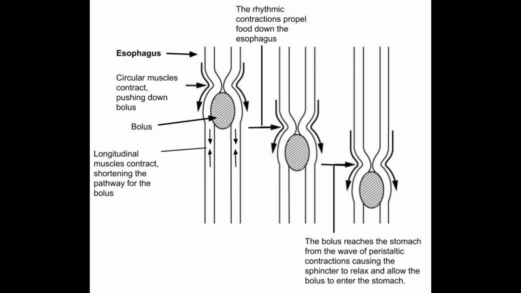It propels the food forwards. The layer of circular muscle just behind the food bolus will contract, and that in front of it will relax. And then the longitudinal muscles behind the food bolus will contract to push it forwards. So essentially the circular layers in front of it open up to allow it through. They constrict behind it to form a seal to prevent it from going backwards.